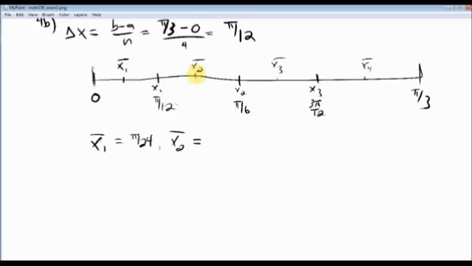This is, so x2 bar is 3 pi over 24. This is 4 pi over 24. Next one is 5 pi over 24. This is 6 pi over 24. And then x4 bar is 7 pi over 24.